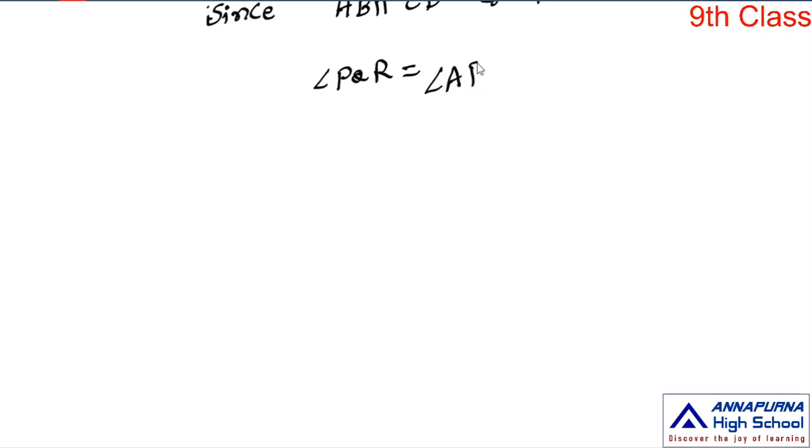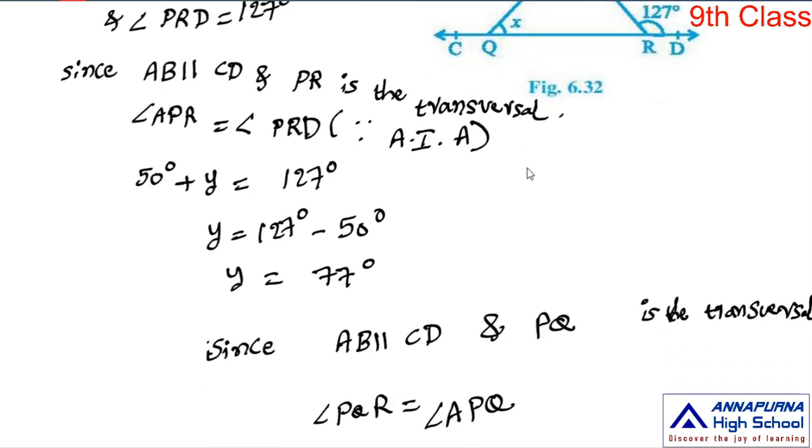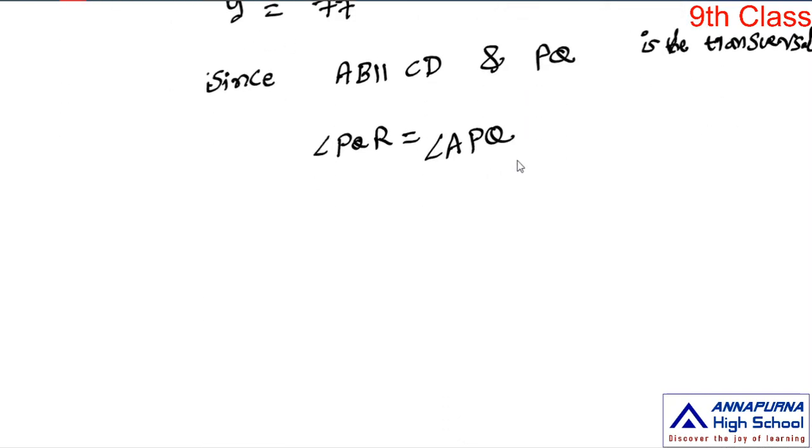Angle PQR is equal to x. So x is equal to angle APQ is equal to 50 degrees. So x is equal to 50 degrees.